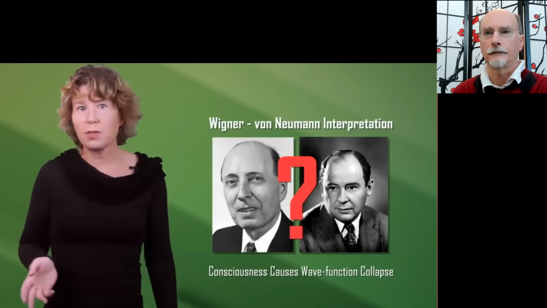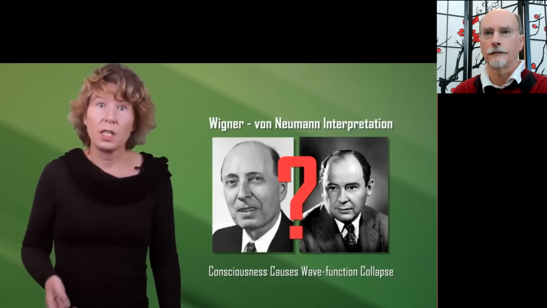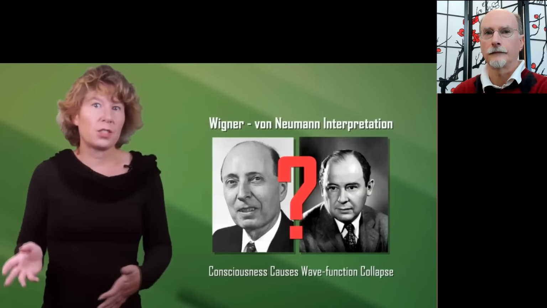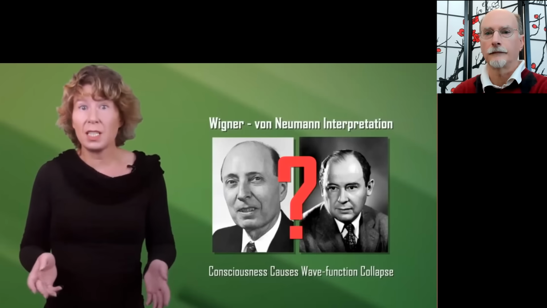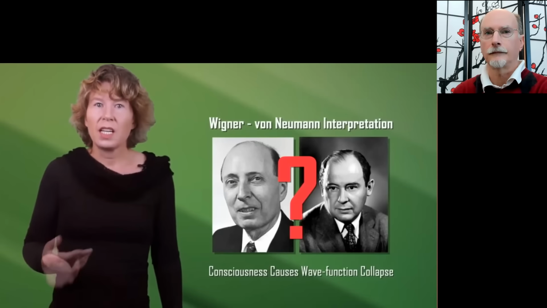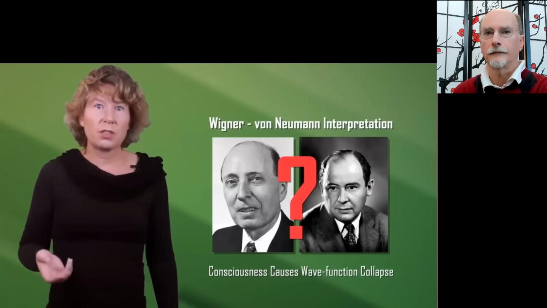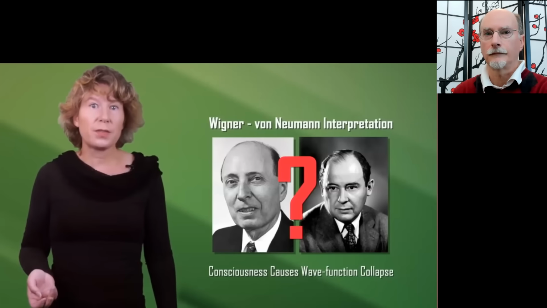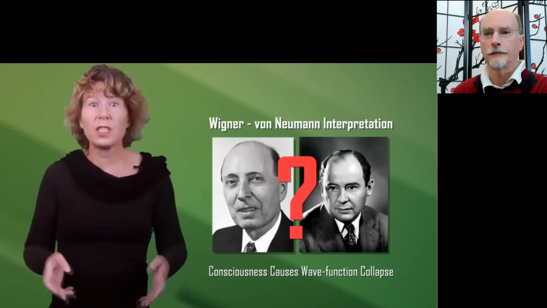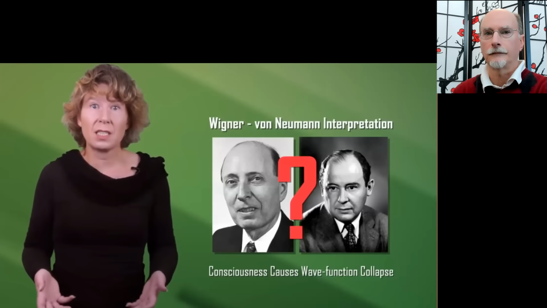The Wigner and von Neumann interpretation has problems because all interpretations of quantum mechanics have problems. Reinterpreting maths just pushes problems around like bumps under the carpet. In the Wigner-von Neumann interpretation, the problems manifest themselves as conscious observers who have inconsistent knowledge about reality.